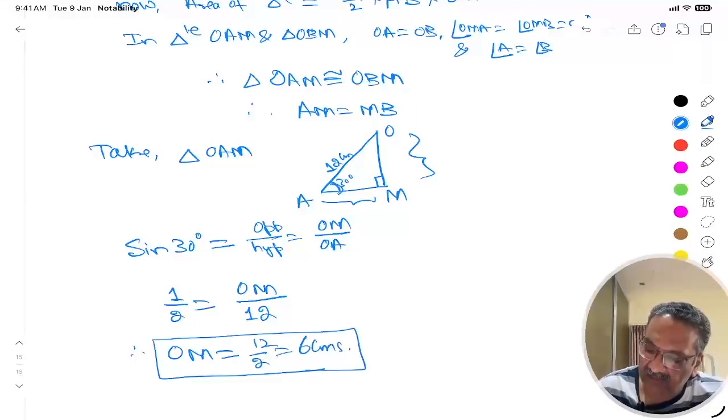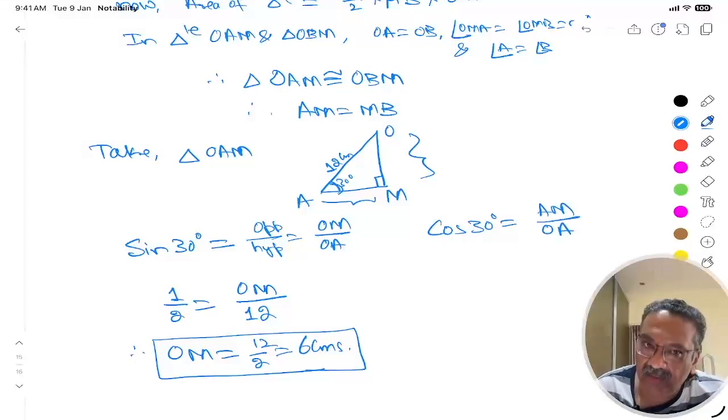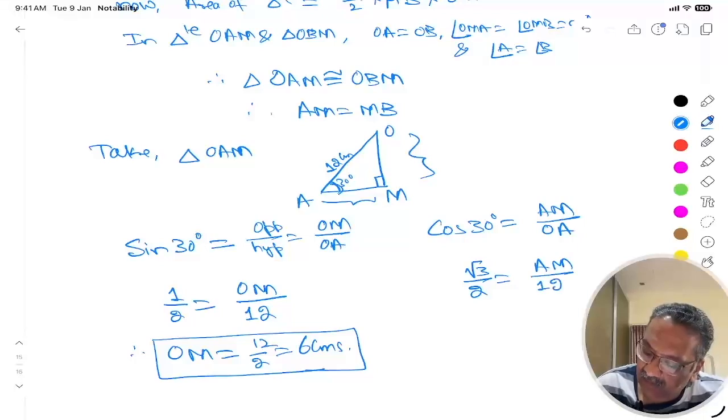Similarly, if I take cos of 30 degrees, I get AM by OA. Cos of 30 is root 3 by 2. So root 3 by 2 is equal to AM by 12.